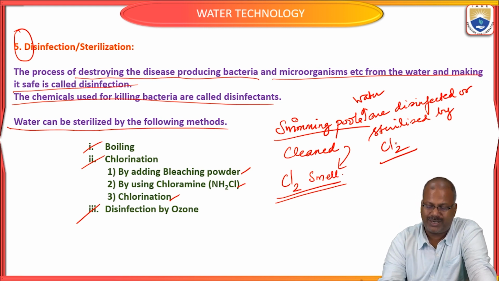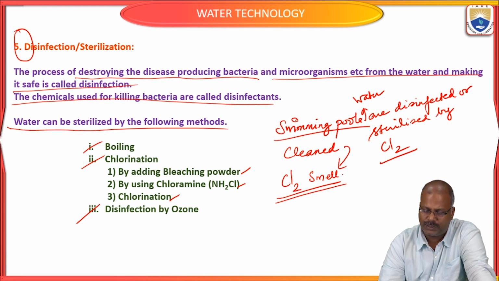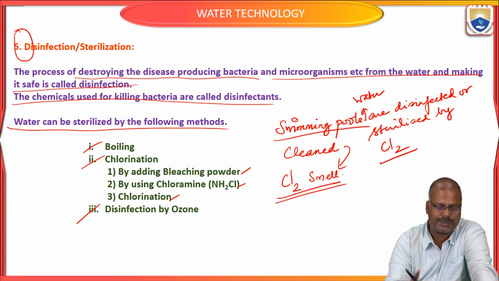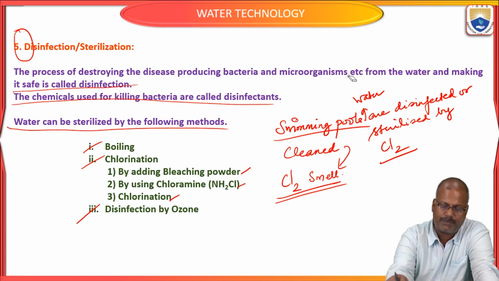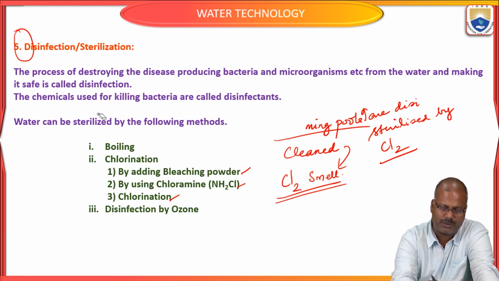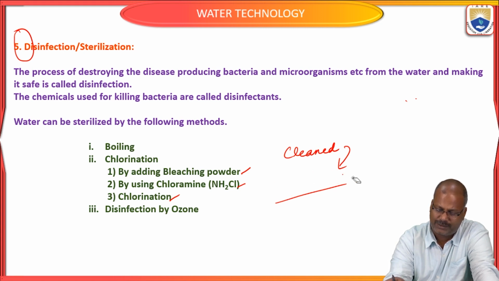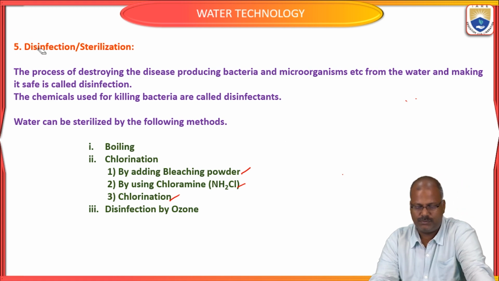So swimming pool is one example we have all seen. There's a smell of bleaching powder or chlorine. So breakpoint chlorination comes in direct chlorination. When you add bleaching powder, it also produces chlorine. Chloramine is also involved, chlorine is involved, and direct chlorine is also there.